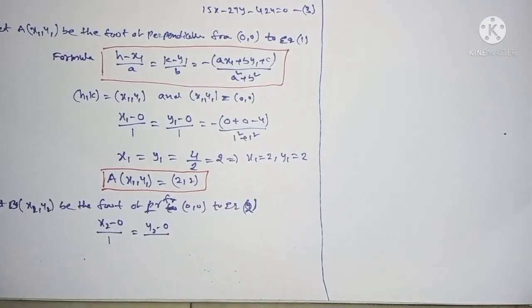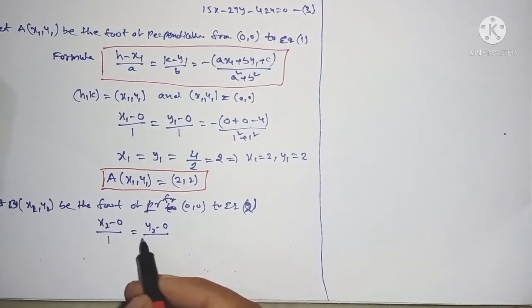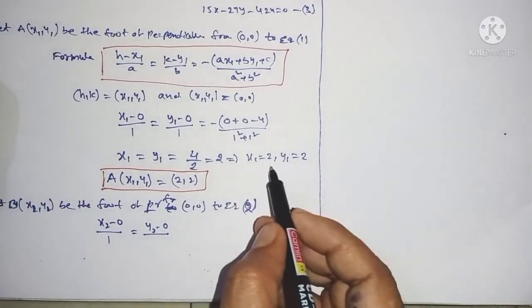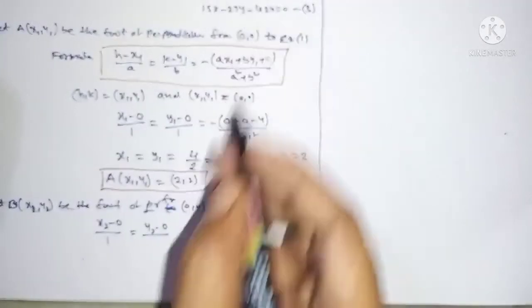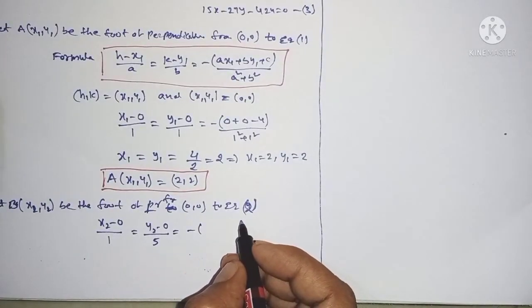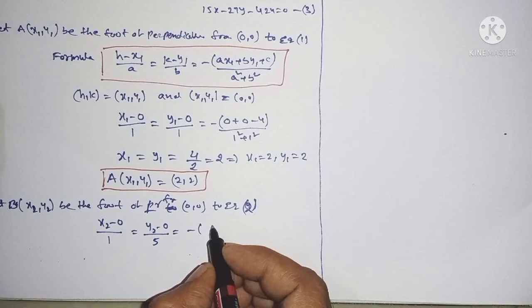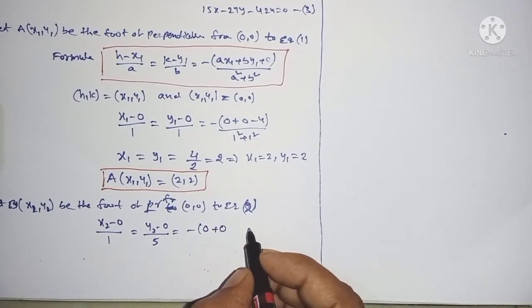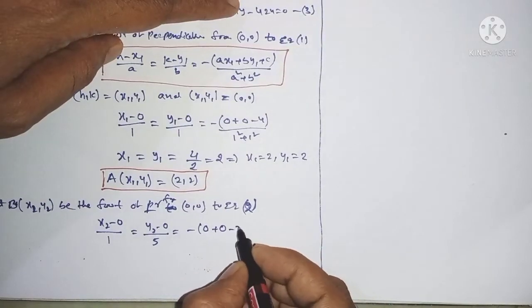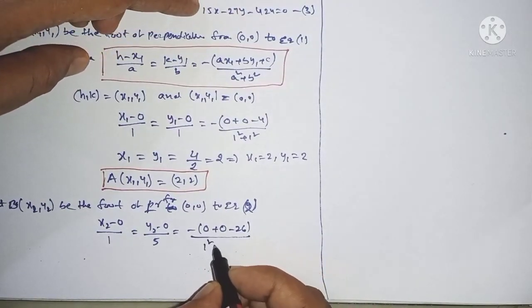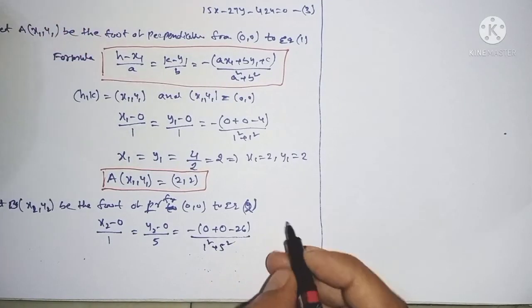Once again, y2 minus 0 by b, which is nothing but 5 only, is equal to minus of ax1, which is 0, ax2 is 0, bx2 is 0, and c is nothing but minus 26 by 1 square plus 5 square.